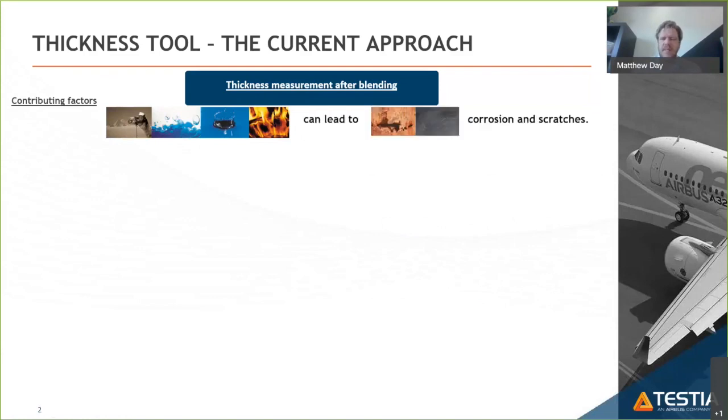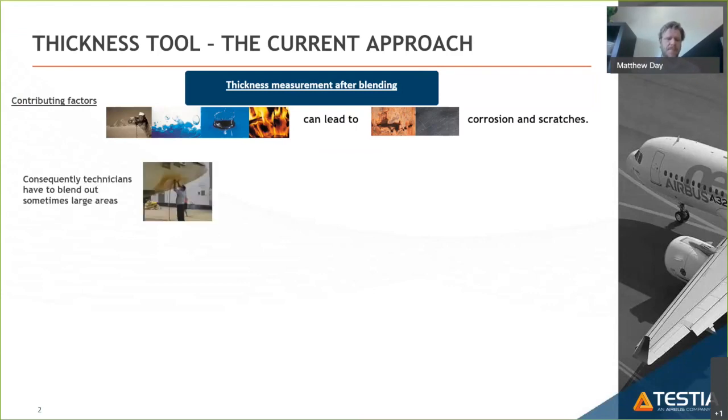All of these can lead to corrosion and scratches being developed over the life cycle of the aircraft. The consequence of these contributing factors is that technicians will sometimes have to blend out large areas.